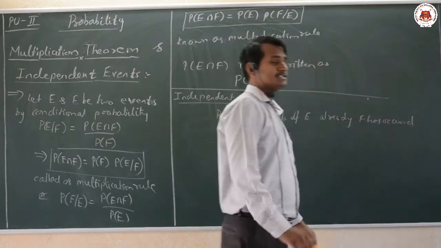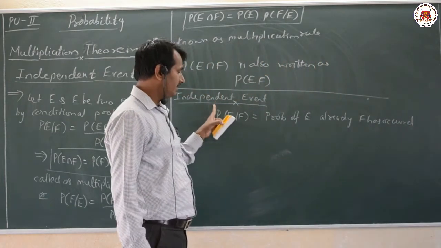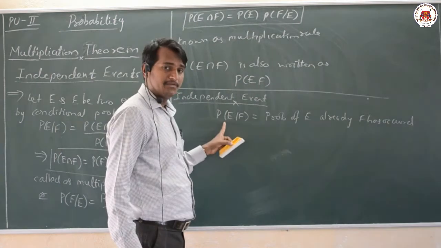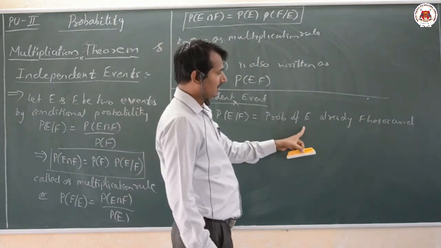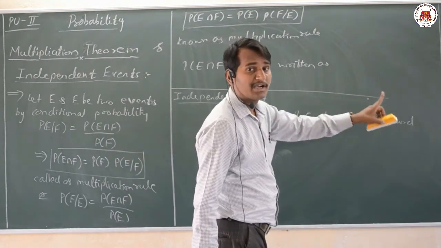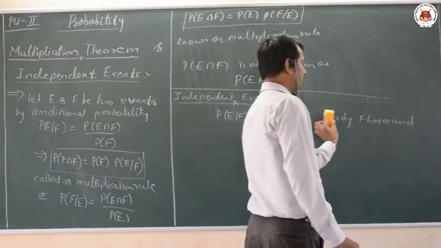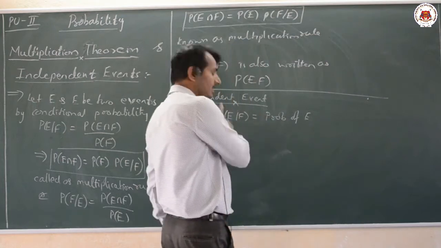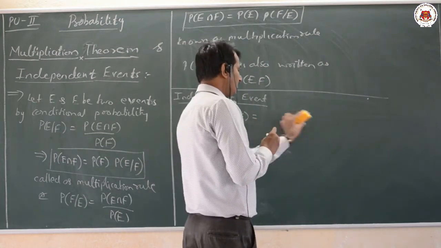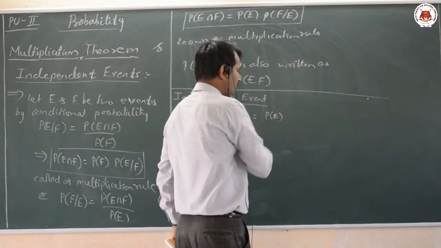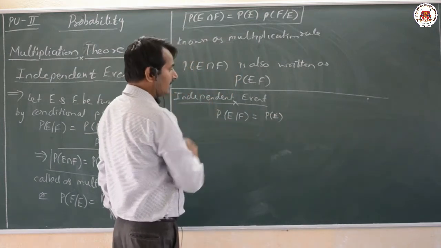But in this independent event, since E and F are independent events, the probability of E is not at all related to the probability of F. Therefore, the probability of E bar F will be the probability of E itself. That is in this independent event.